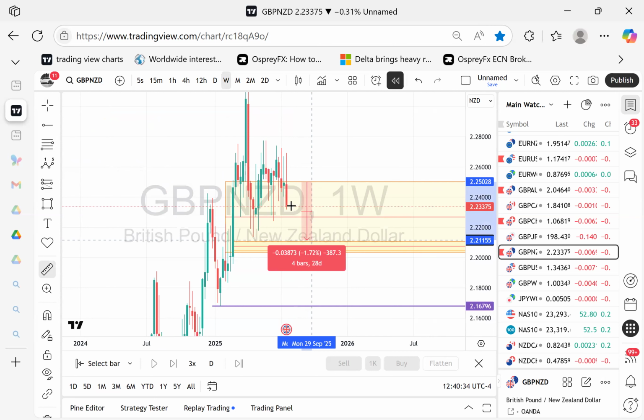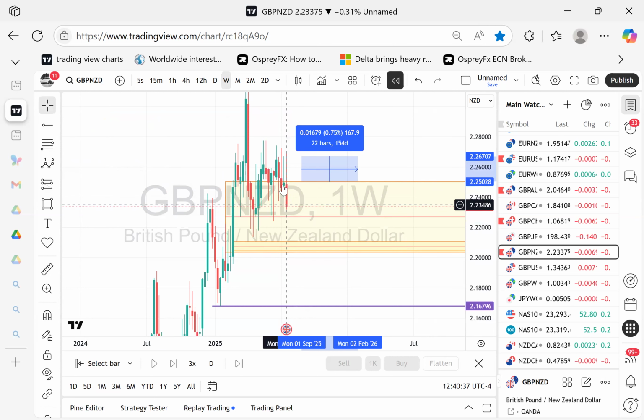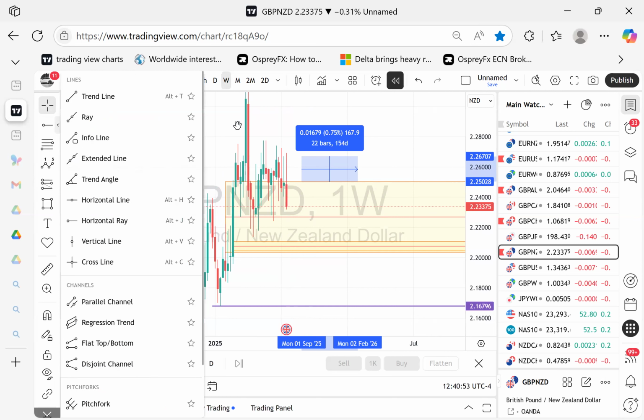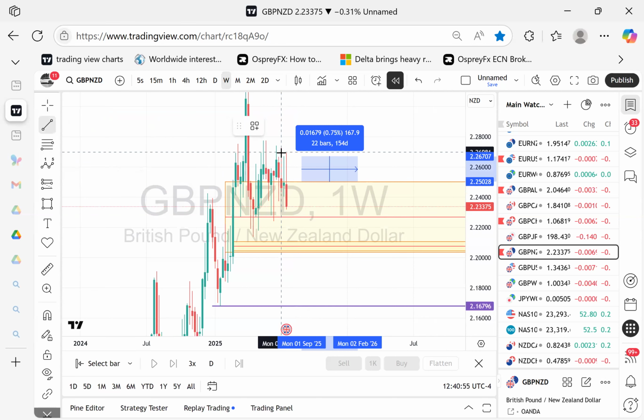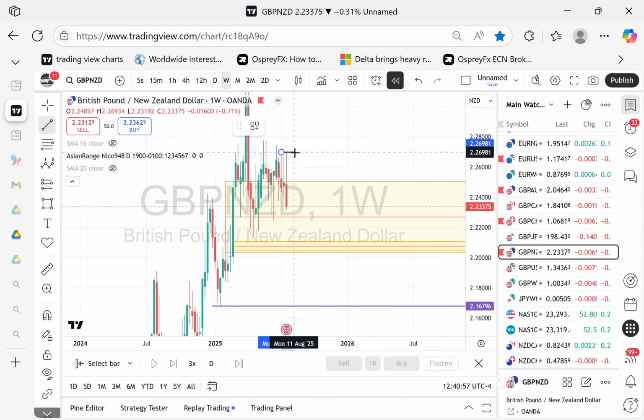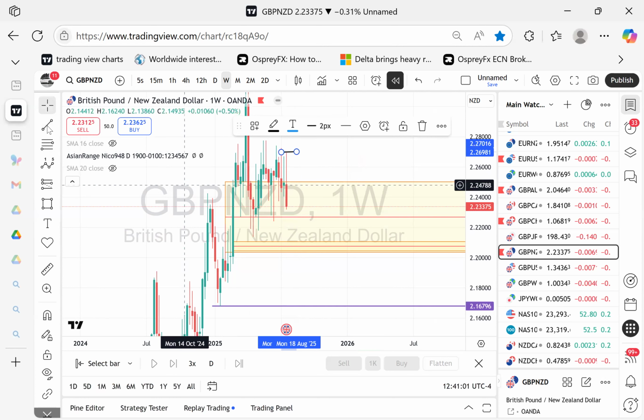But price needs to pull back because price broke structure, right? See how this was the low right here, this wick. Price broke structure. So in this little section of price, you have a high and you have a low.